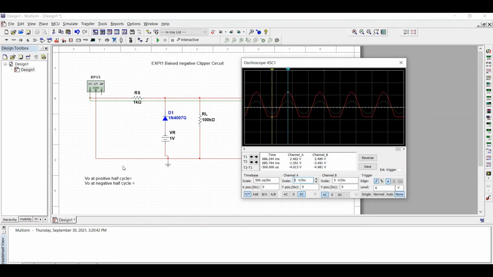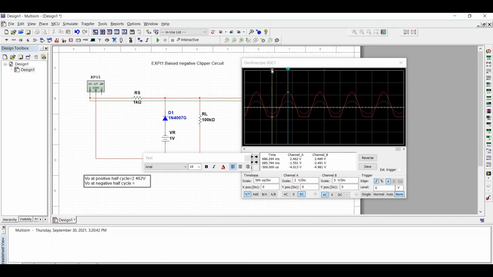So VO at positive half cycle. Cursor 1 is giving the positive half cycle value. So T1 channel A positive half cycle is 2.462. So the output voltage over here is 2.462 volts.